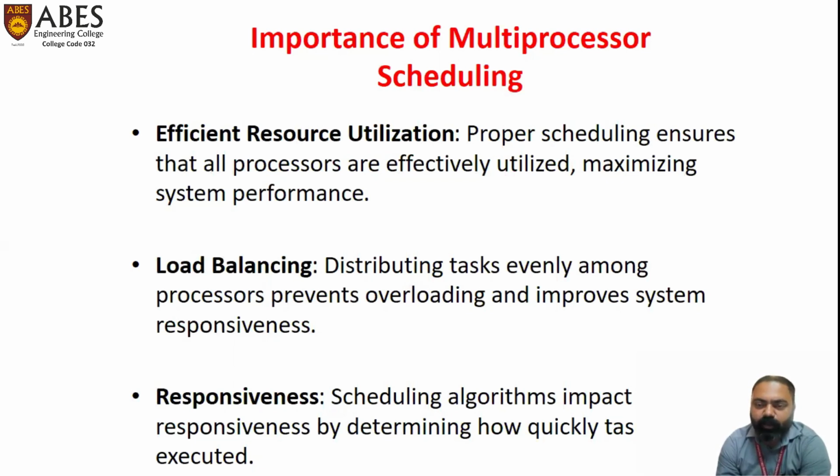Then load balancing: distributing tasks evenly among the processors prevents overloading and improves system responsiveness. Responsiveness is determined by how quickly the tasks are executed by the processor.